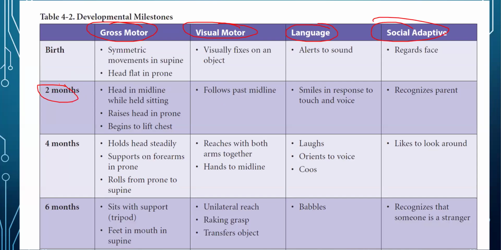A 2-month-old child is supposed to at least raise the head. So a 2-month-old should be able to raise their head in the prone position, and then they start to smile in response to touch and voice. And by 2 months, they are able to recognize their parent.